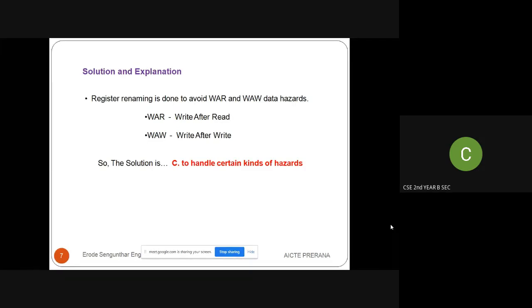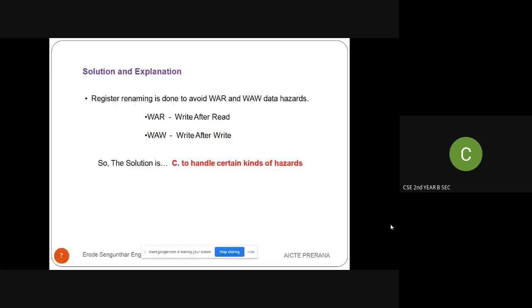Register renaming is done to avoid WAR and WAW. WAR means write after read, and WAW means write after write. While handling pipelining hazards, we came across these two terms.